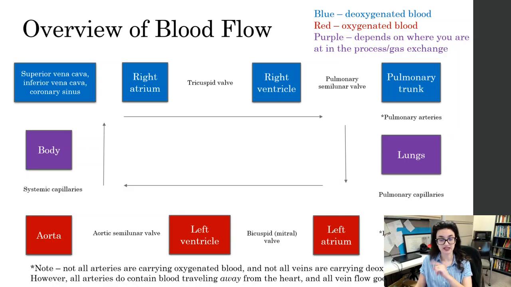And then you take the pulmonary veins back to the heart, because veins always return to the heart. Now you're in the left atrium. That's great. I want to be in the left ventricle, so we have to go through the bicuspid or mitral valve. Once you're in the left ventricle, you're ready to go to the whole body. And you do that out that second semilunar valve, the aortic semilunar valve, and out the largest artery in the body, the aorta.